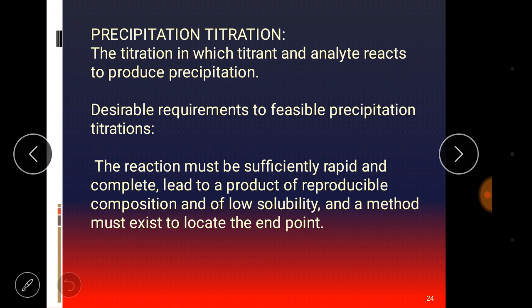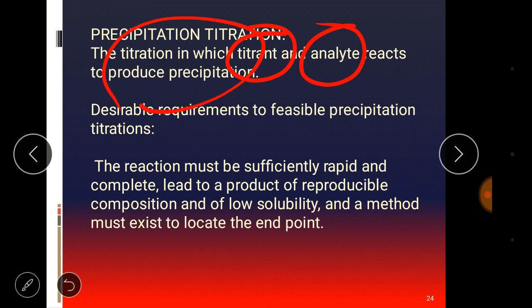In simple words, we can define precipitation titration as the titration in which titrant and analyte react to produce a precipitate. To make the precipitation titration more successful, we need some requirements of the reaction which is going to be examined through precipitation titration.